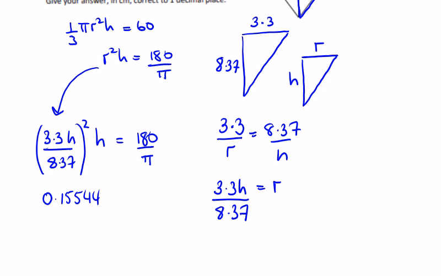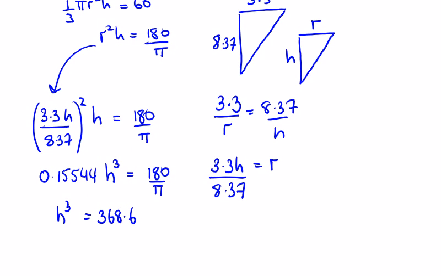That's the 3.3 squared divided by the 8.37 squared. I'm going to have h cubed is equal to 180 over pi. And 180 over pi is actually 57.3, isn't it? So if I do 180 over pi divided by the 0.15544 rounded, I will get 368.6. 368.6 is equal to h cubed.